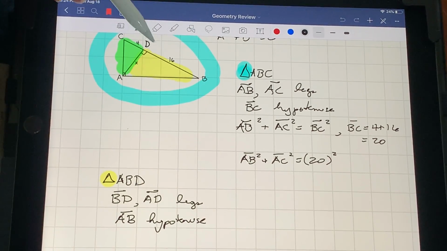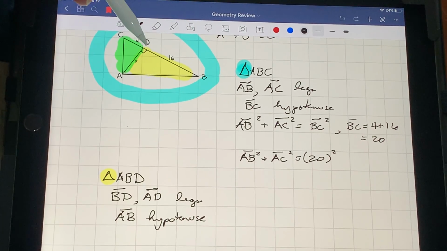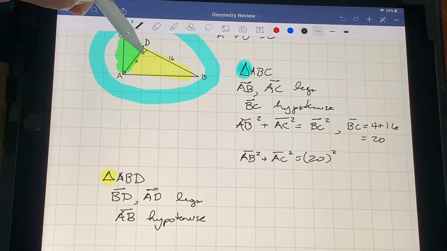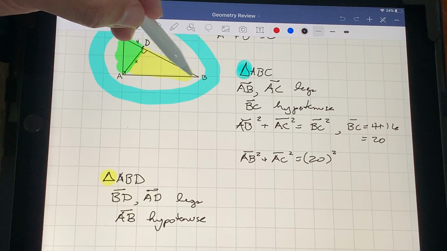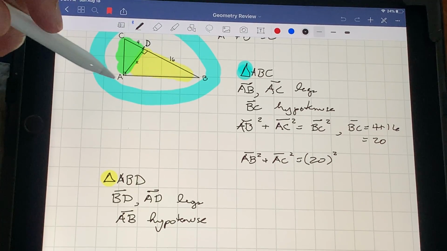And how do I know that? Because between segments BD and AD, there's a 90-degree angle. So that means that the opposite of the 90-degree angle is the hypotenuse. So that's how I can verify that.